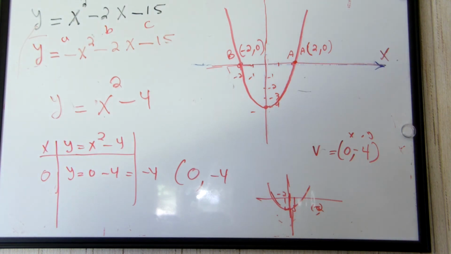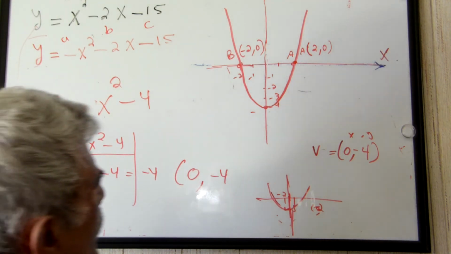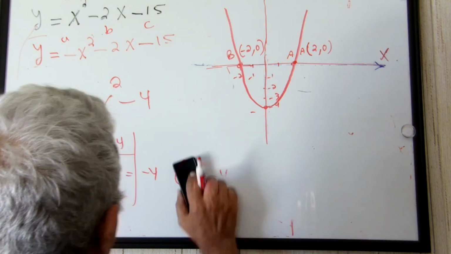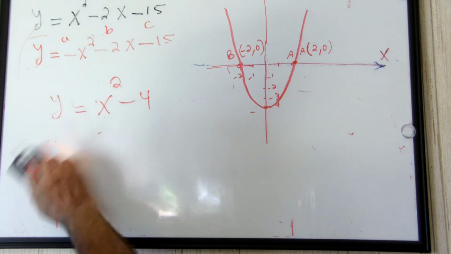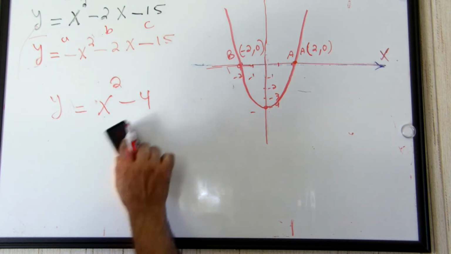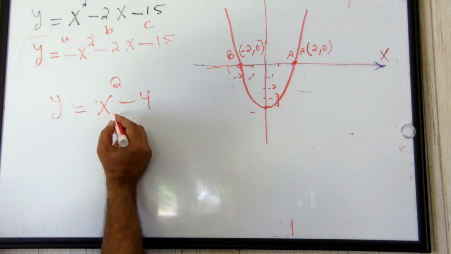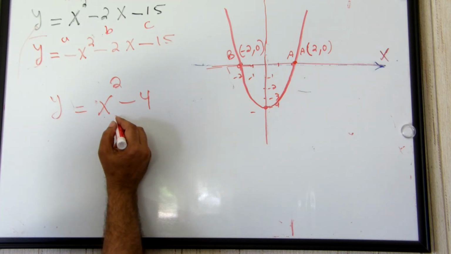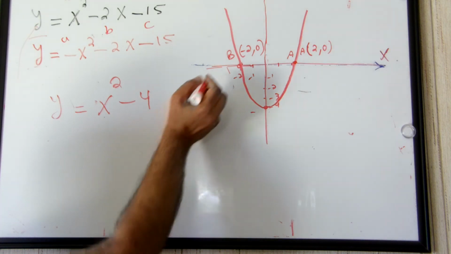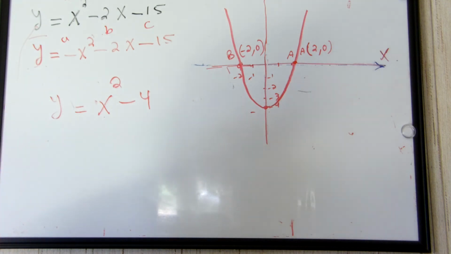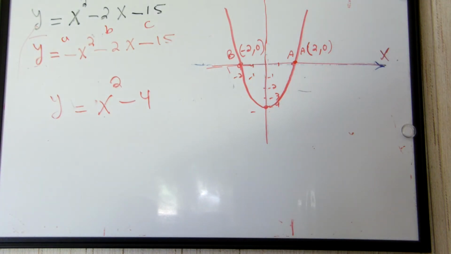Y is 0 because it intersects the x-axis. So we could find this one by factoring where it intersects. This is another way to find where it intersects the x-axis.